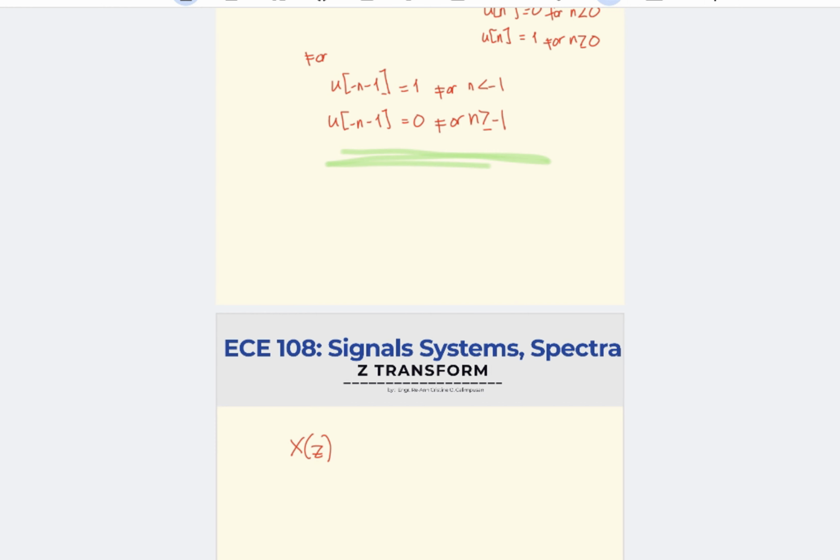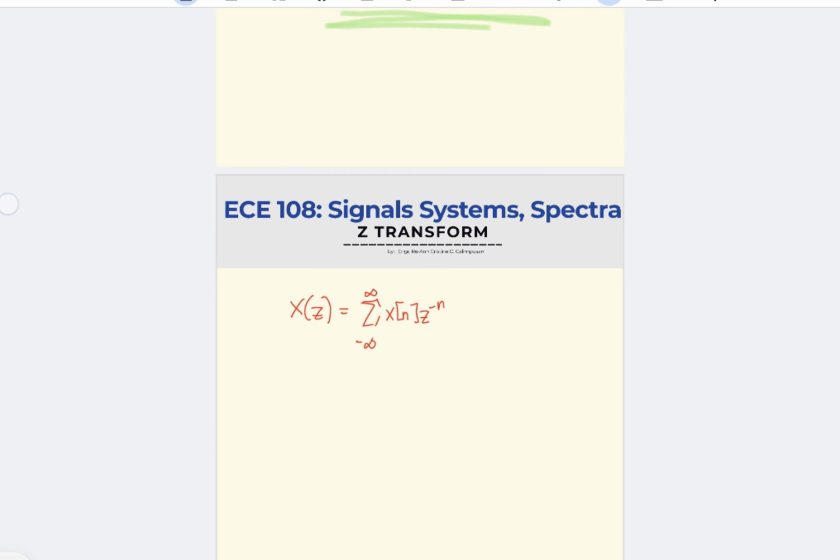So z transform is equivalent to the summation of x of n times z to the negative n. So now we'll substitute the value of x of n. So we have negative a to the power of n u of negative n minus 1 z to the negative n from negative infinity to infinity.